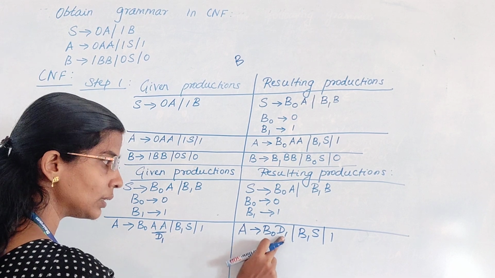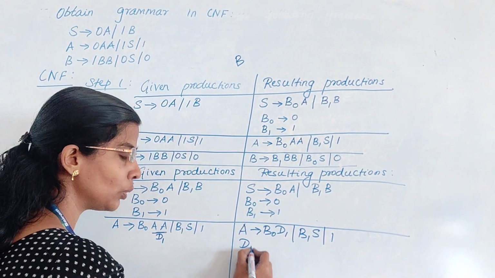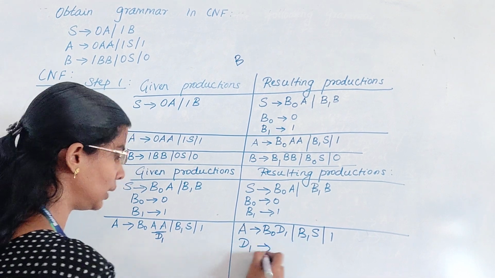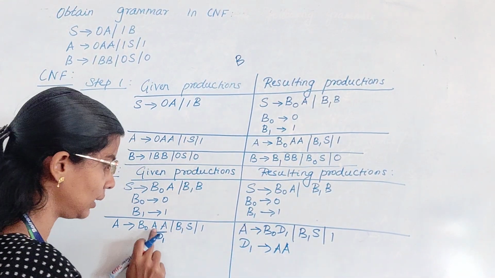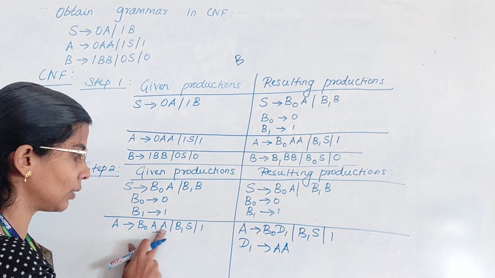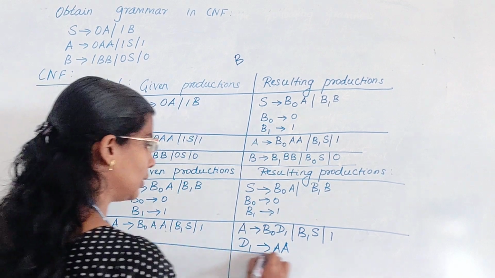Now write what is this D1. When you give any new name, you should write what is D1. D1 is actually two capital A's. So this is over.